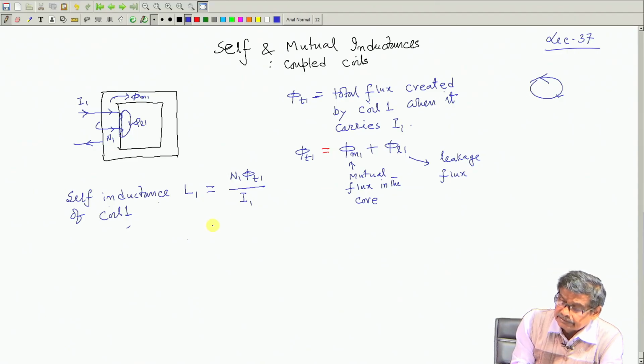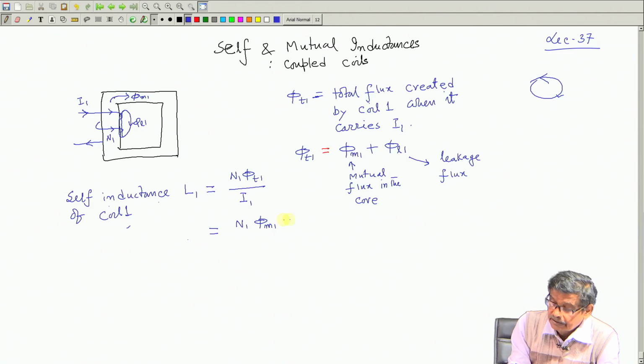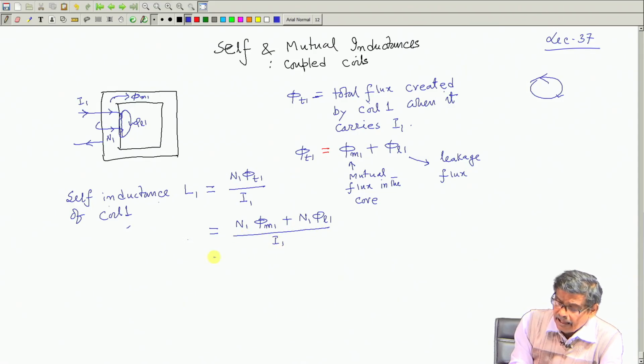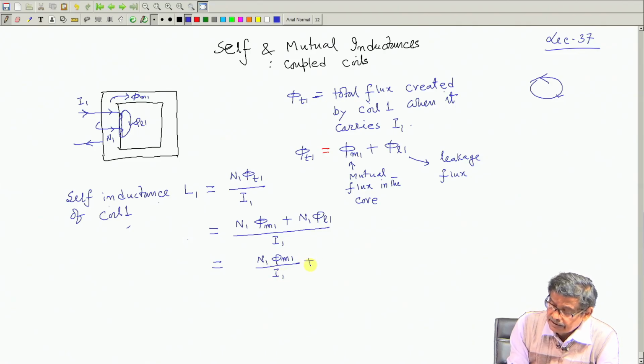And this can also be written as N 1 phi M 1 plus N 1 phi L 1 divided by I 1, and it can be written as two components, that is N 1 phi M 1 by I 1 plus N 1 phi L 1 by I 1.